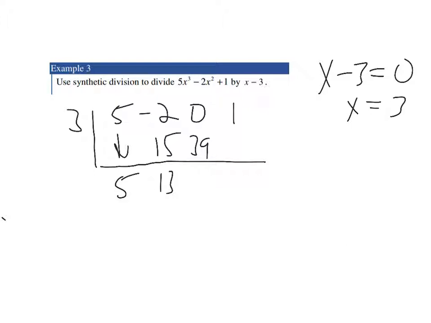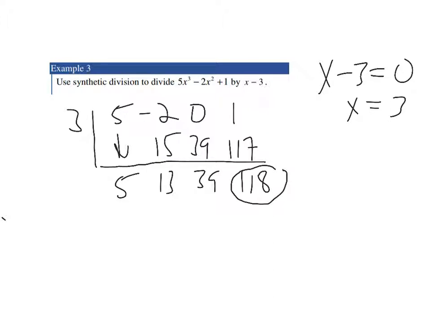Then I add those two terms, so 0 plus 39 is 39. And then 3 times 39 is, what is that? 90 plus 27, is that 117? So that's 118. That's my remainder.